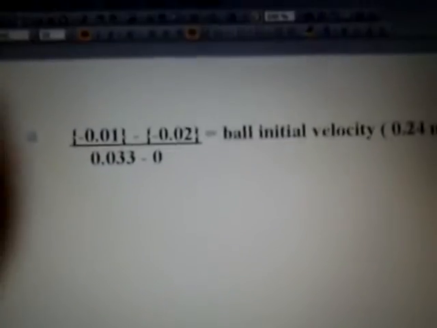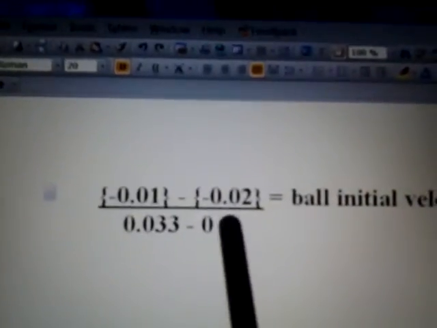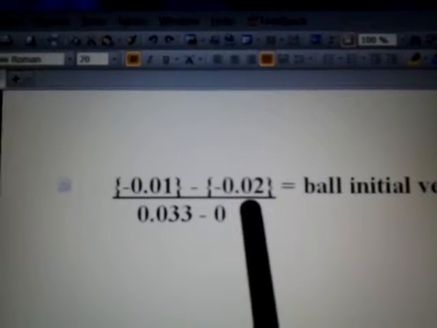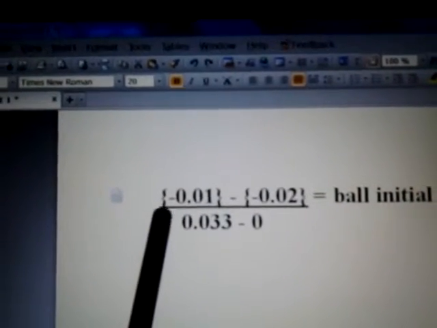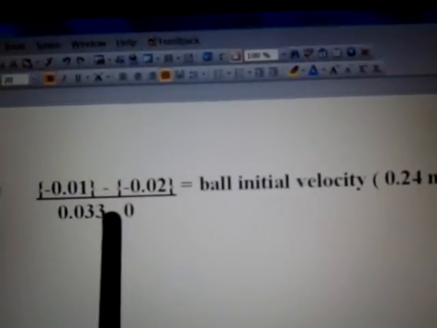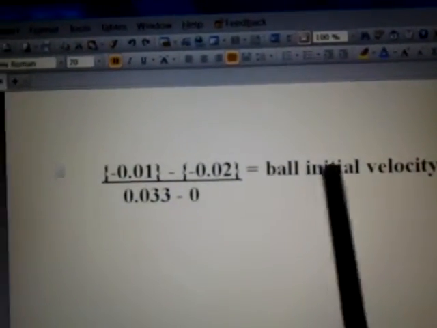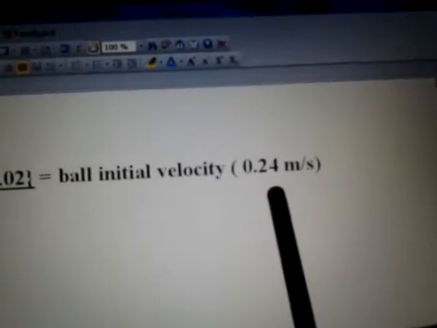The way to find your ball's initial velocity is to take your beginning start time and your first starting position and second starting position, and divide it by your second time. That will give you your ball's initial velocity. In this case, my ball's initial velocity is 0.24 meters per second.